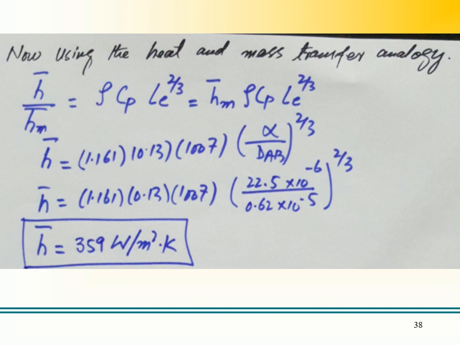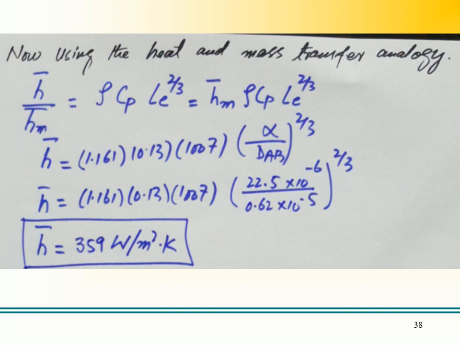Now we have the relationship between the convective mass transfer coefficient and the convective heat transfer coefficient: h bar over h bar M is rho Cp times the Lewis number to the power 2 by 3. So h bar is equal to h bar M rho Cp Le to the 2 by 3.